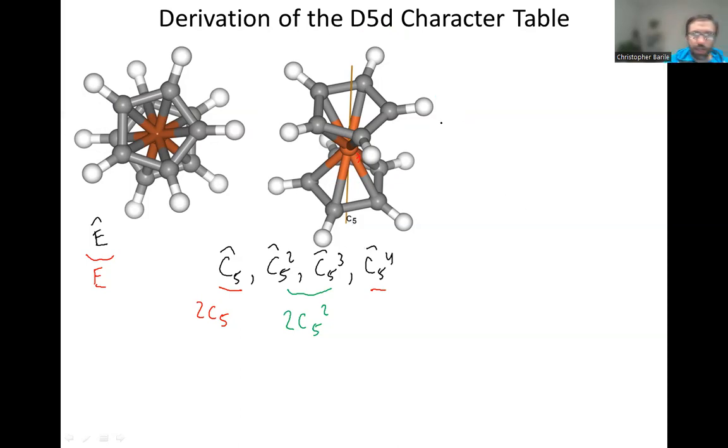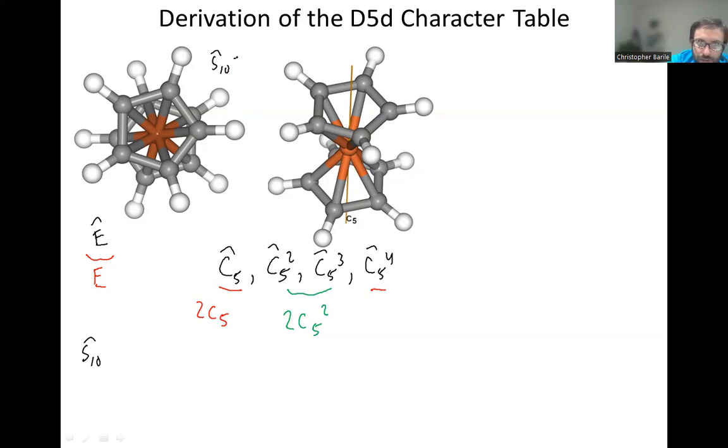Moving along, you can also have the improper rotation axes. And so these D5d molecules have an S10 operation. An S10 operation, that's going to be a 36-degree rotation, right? 360 degrees over n. Let's just define that.